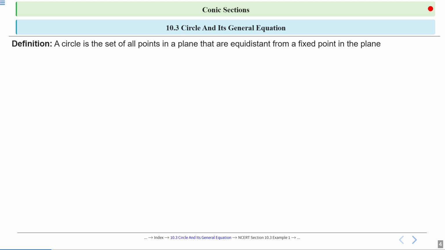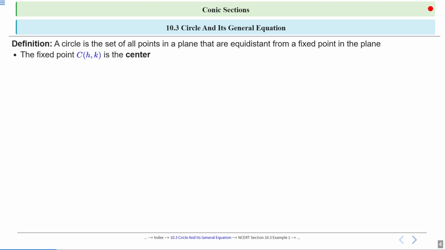Now we will discuss what the fixed point is called.